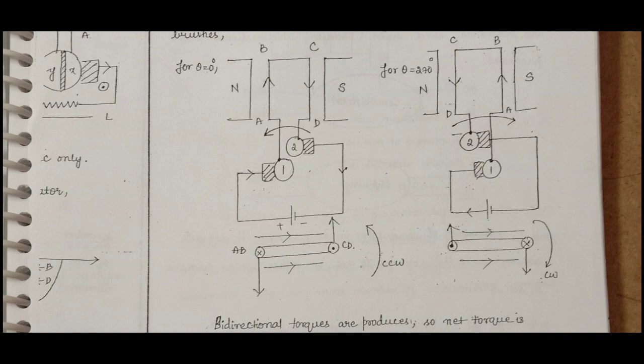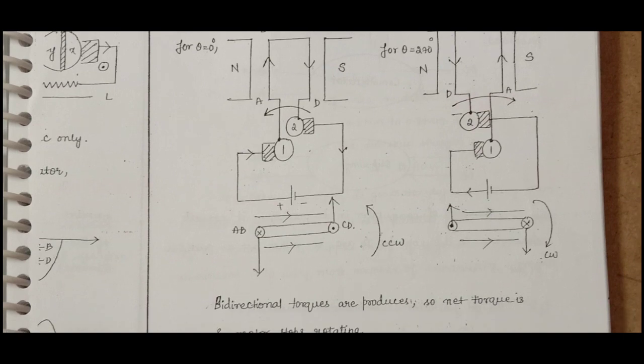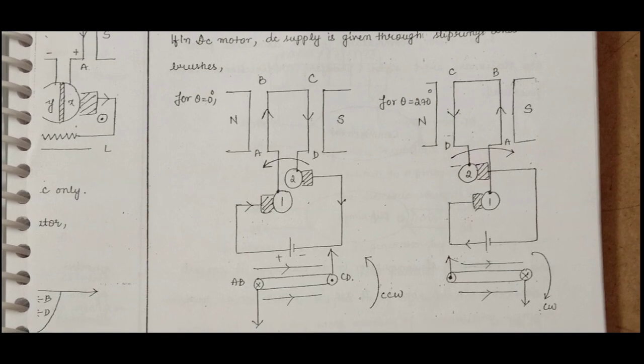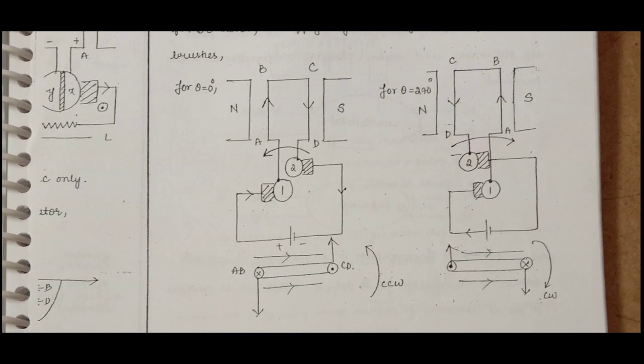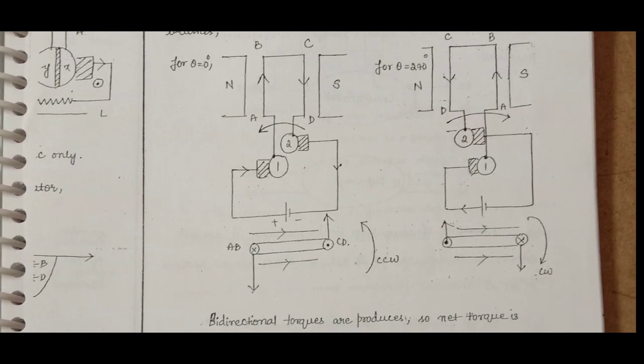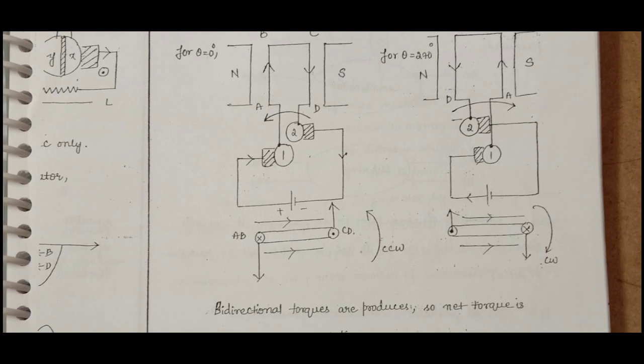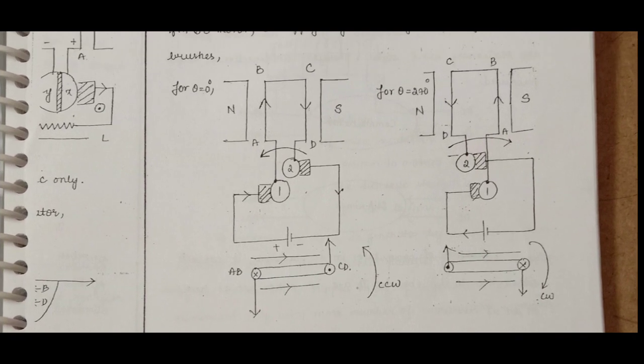Under the south pole a dot conductor is there, that is outgoing current. AB is a cross conductor and CD is a dot conductor.